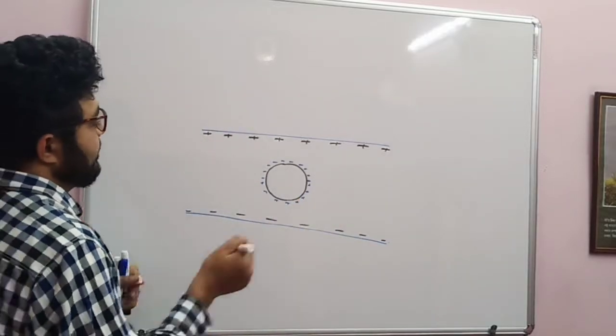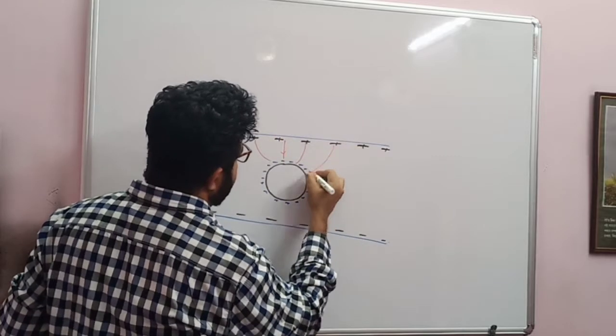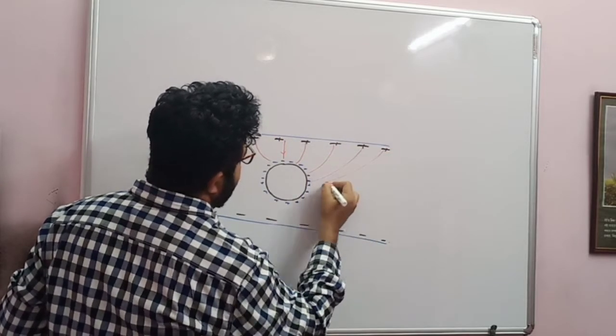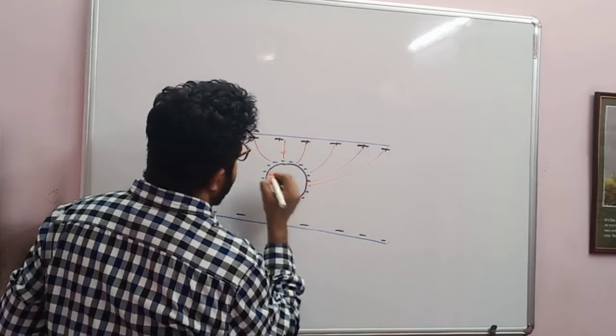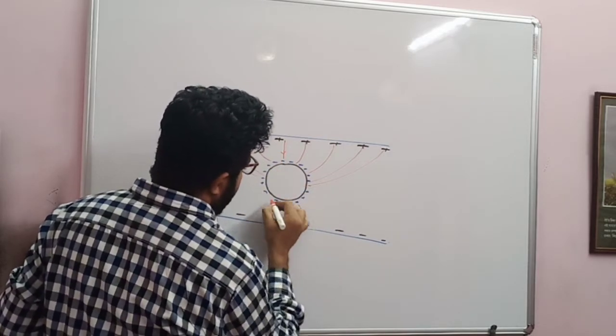We know the direction of electric field is from positive to negative, so it will look like this. And it will look like this.